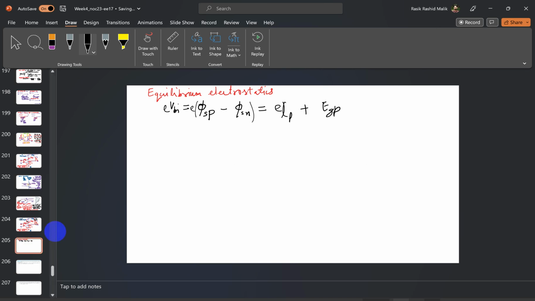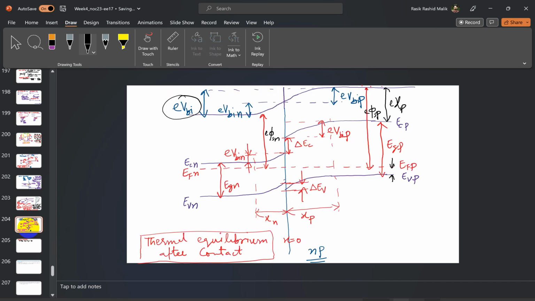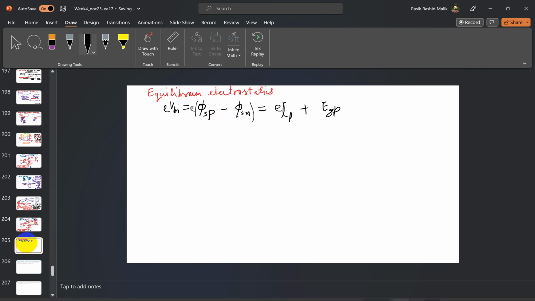So by summing the electron affinity and the energy band gap, we reach up to the valence band, but we had to reach up to the Fermi level only. So we have to subtract this EFP minus EVP. So we have to subtract this difference. Right. So this is the first term.